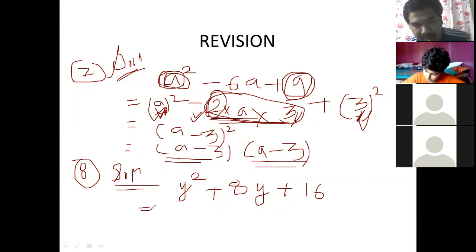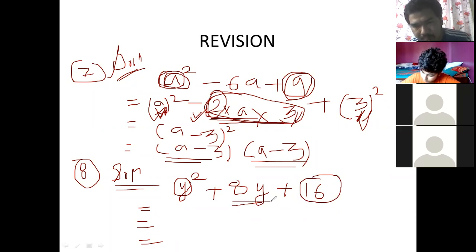You can apply a similar process, because we can express the first term as a square and the last term also as a square. Sir, I've got the answer. Okay, wait for Eugene.